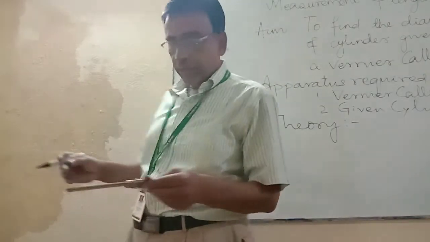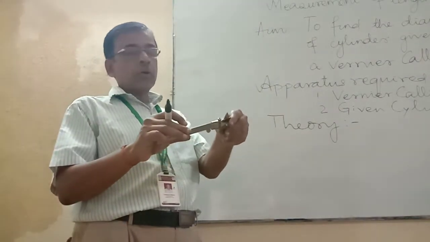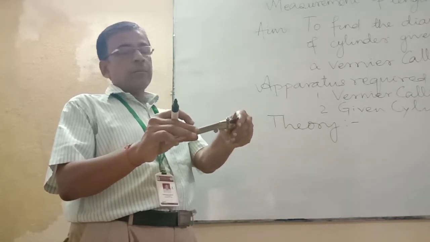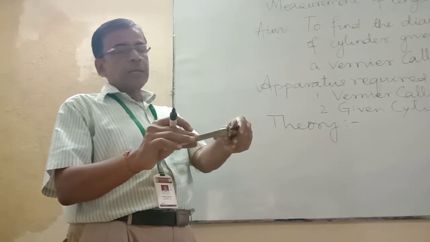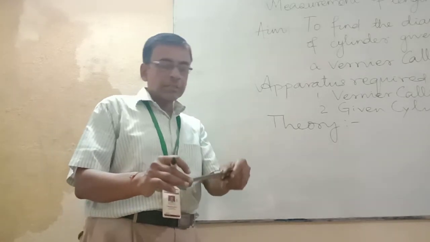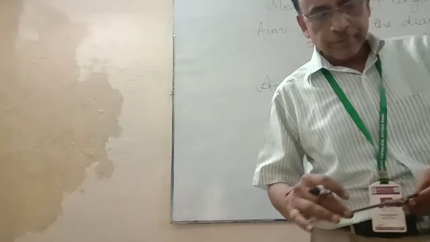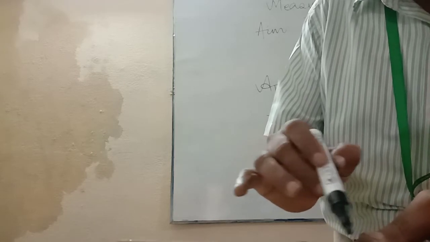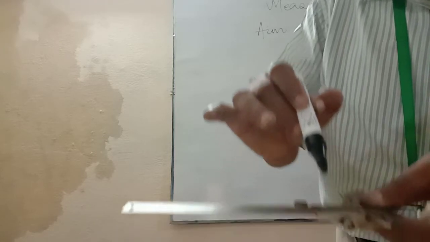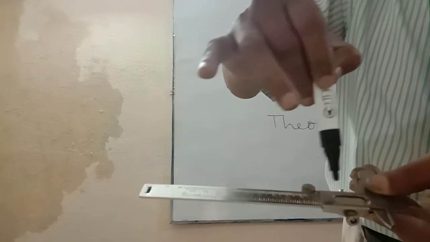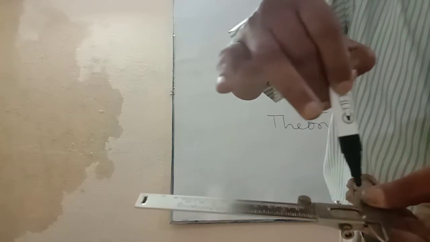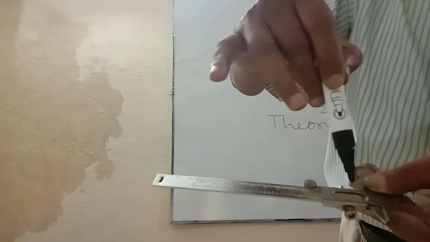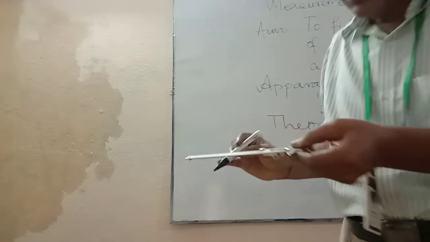If there is no zero error, then you have to see the vernier coincidence. So 9 main scale divisions, MSD, are equal to 10 vernier scale divisions. 9 divisions of the main scale coincide with 10 vernier scale divisions. So now let us write down.